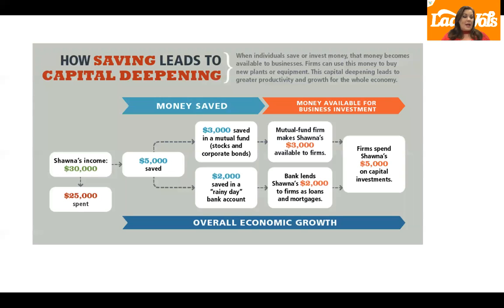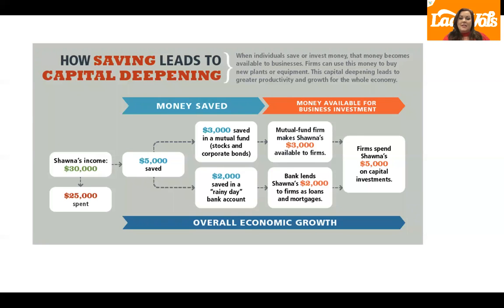Now let's talk about how savings leads to capital deepening. You had this infographic on your lesson. So if I asked you the question, how does capital investment lead to growth? If I save money, I can invest it like you see here.